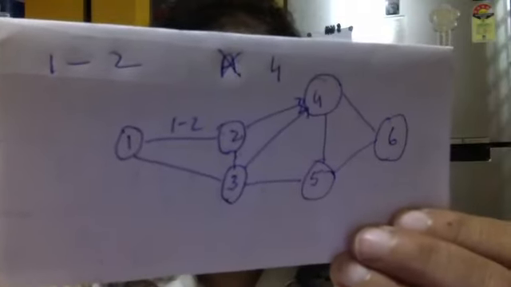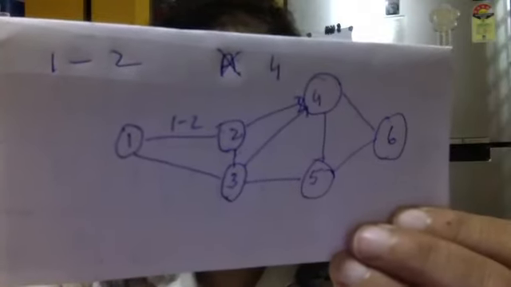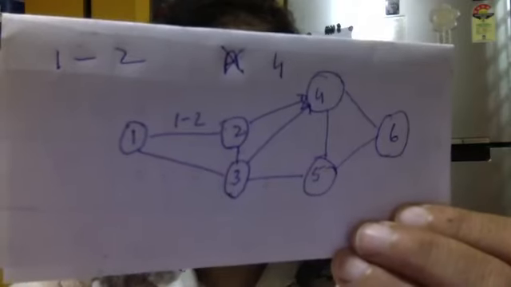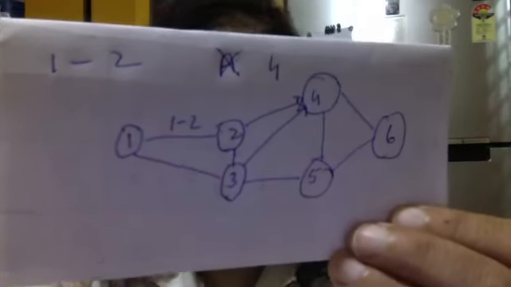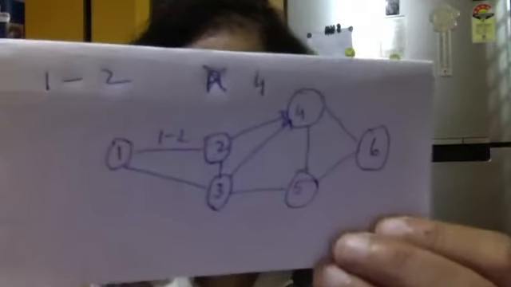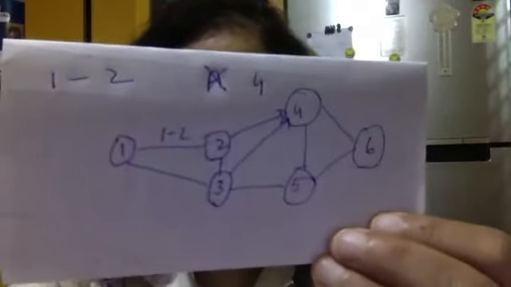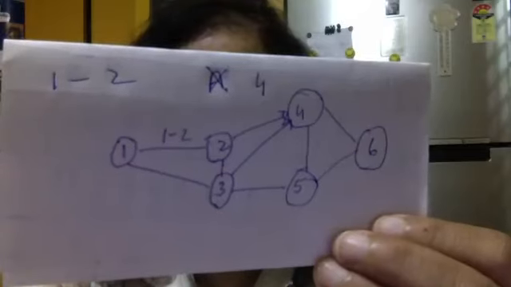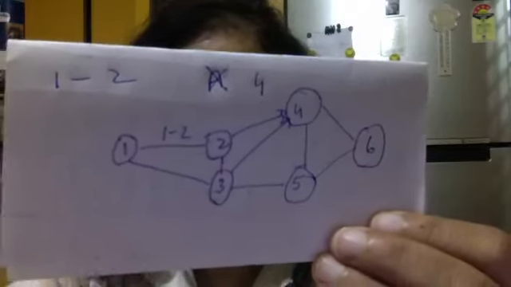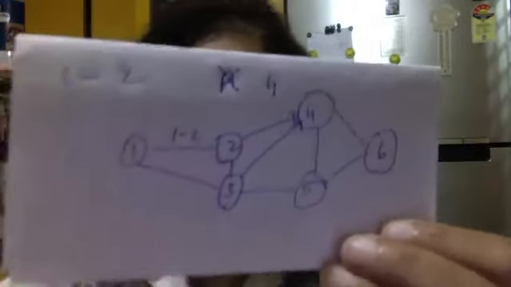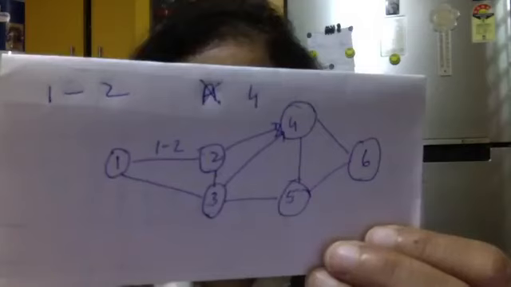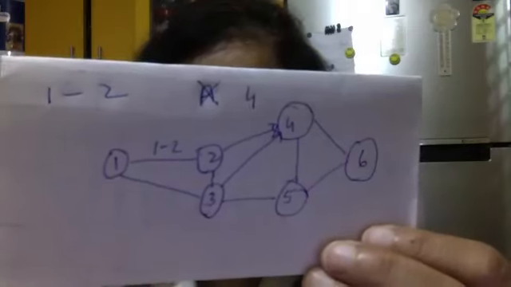Please watch. I can also complete the project like this: 1 to 2, 2 to 4, 4 to 6. This is another way. Also, I can go like this: 1 to 2, 2 to 3, 3 to 4, and 4 to 6. How to quickly complete the project. Or I can go 1 to 3. Of course, we have to do everything.